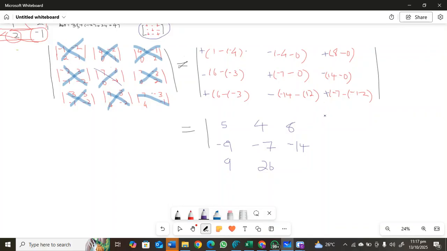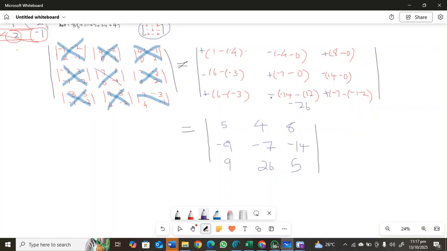Since there's a plus sign, it still remains positive. Negative 14 minus 12, you get negative 26.